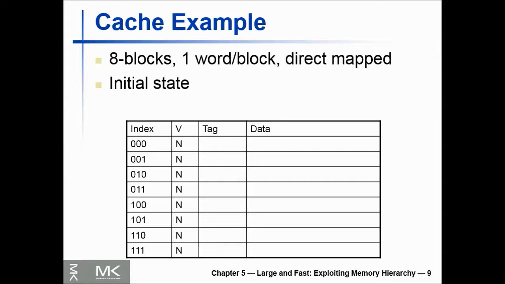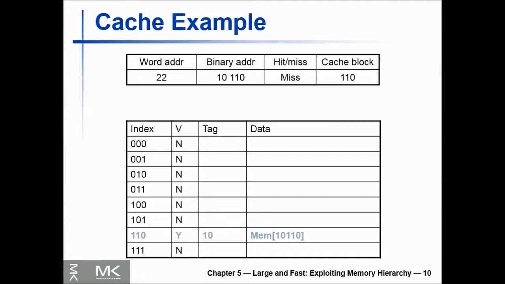The processor requests the following address, that is 22. Now we convert 22 into binary and its binary is 10110.